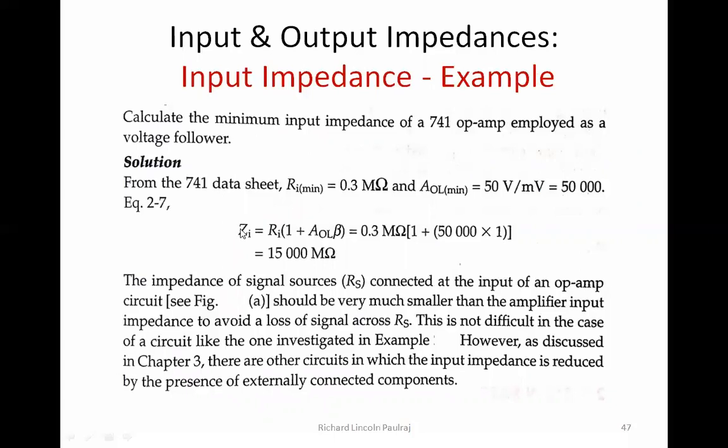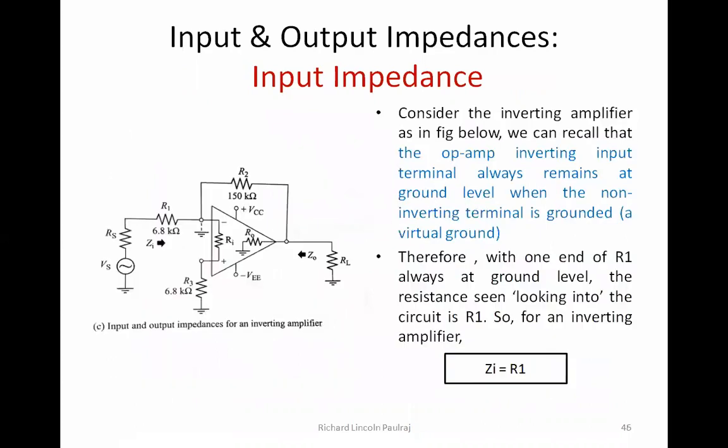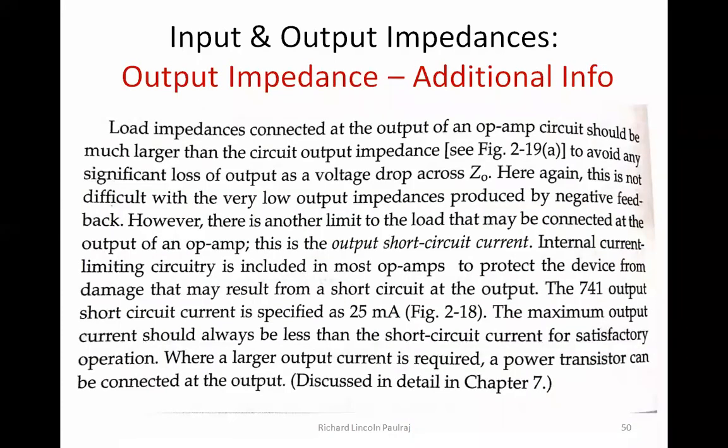We have seen that input impedance is fairly large and the output impedance is almost negligible, right? These in turn relate to the properties of an op-amp. We have seen input and output impedances, and we have also solved problems exclusively on them.